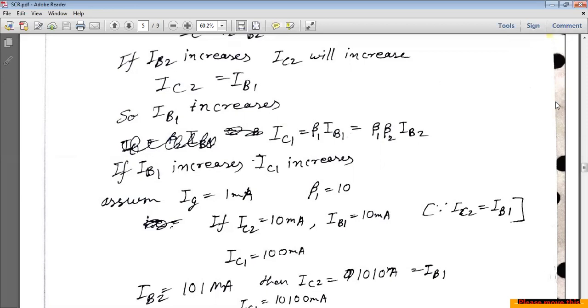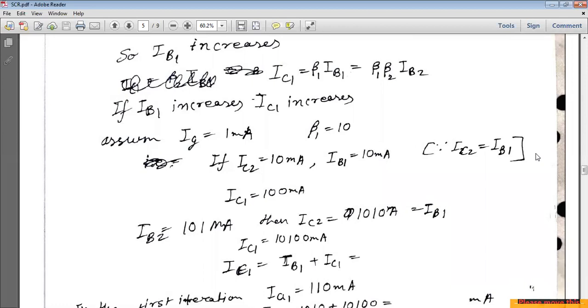So assume the gate current is 1 milliampere and beta 1 is 10. If IC2 equal to 10 milliampere, IB1 equal to 10 milliampere, since IC2 equal to IB1.